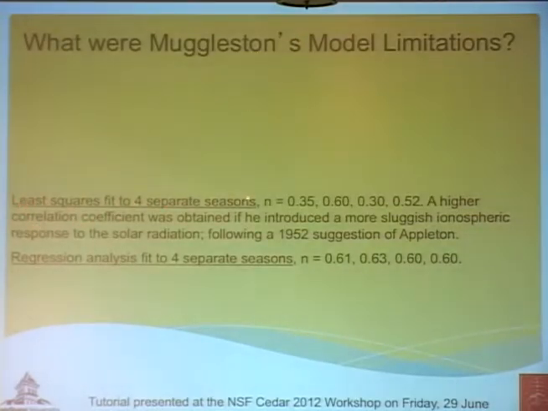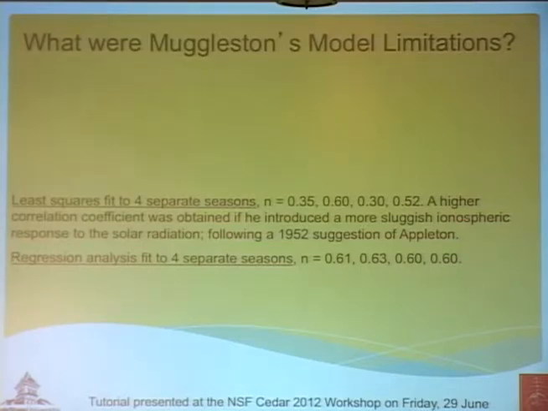Okay, so this comes up with our first set of interesting limitations. When he did the analysis the first time around, n for four separate seasons, and he had ionosondes all over the globe, was 0.35, 0.6, 0.3, 0.5. That itself isn't too big a deal, but he realized he could get an even better correlation coefficient if he used a piece of information Appleton suggested, which was that the ionosphere is sluggish.